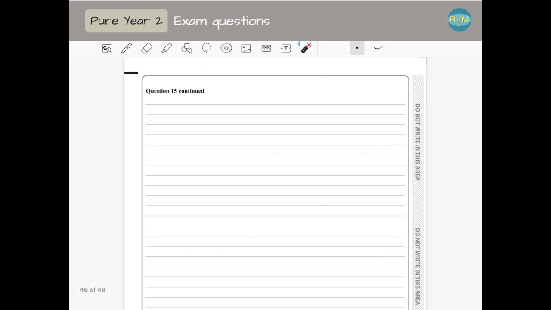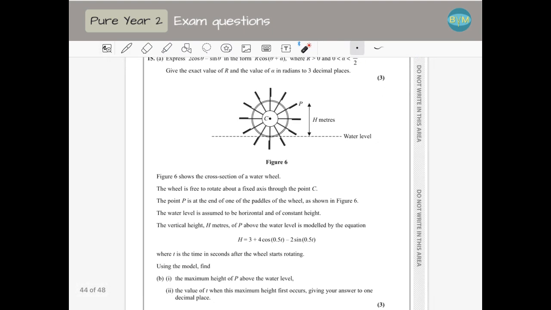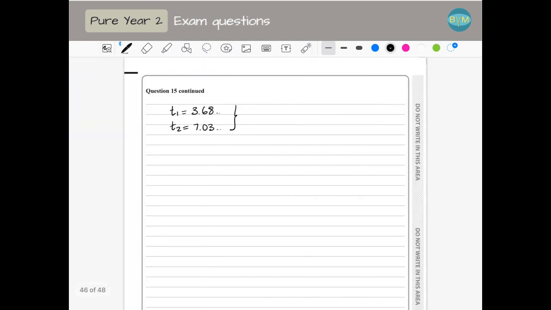So my 2 times, when I do that, t1 is 3.68 something else, and t2 is 7.03. These two times are when P first crosses the level of the water, t1, and it will pass again at t2. So the difference is the time that it is in the water.